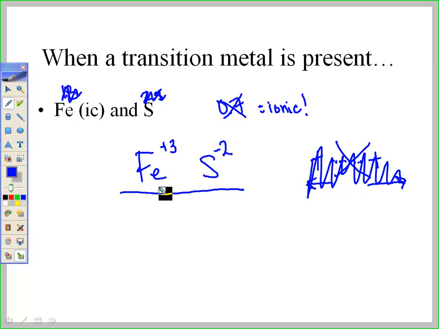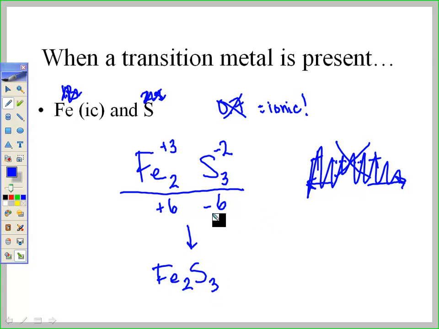If I look for the least common multiple between these two things, I'm going to need to make that a 6. So I can make a +6 and a -6 by having 2 irons and 3 sulfurs. When I do that and my charges are neutral, I should end up with Fe2S3.